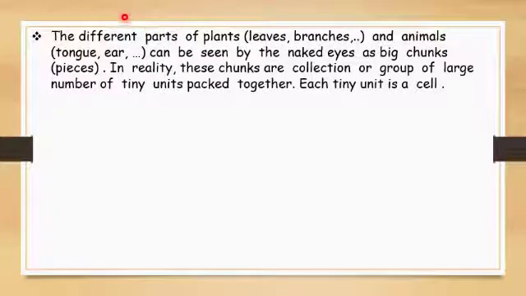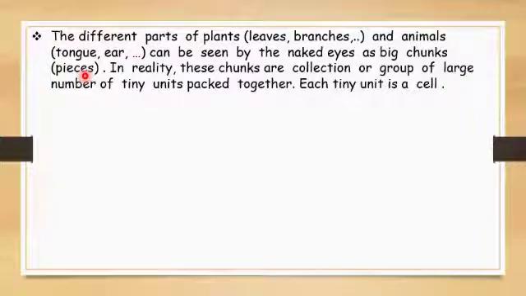The different parts of plants and animals can be seen by the naked eye as big chunks or pieces. The parts of plants, such as leaves and branches, or in animals, if we talk about the tongue, ear, etc., can be seen by our naked eyes as big chunks or pieces.